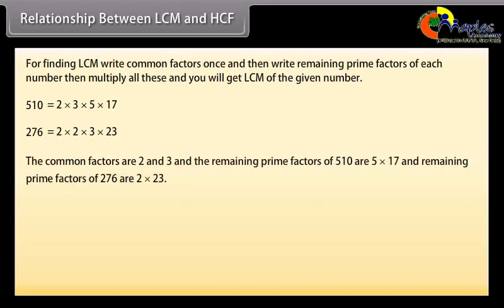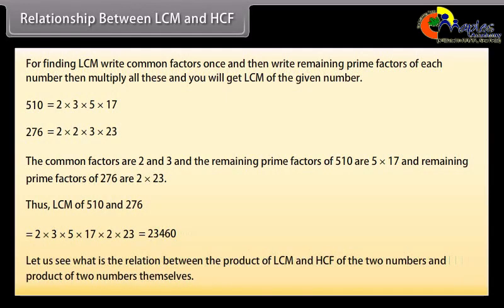The common factors are 2 and 3, and the remaining prime factors of 510 are 5 × 17 and the remaining prime factors of 276 are 2 × 23. Thus, the LCM of 510 and 276 is equal to 2 × 3 × 5 × 17 × 2 × 23 equals 23,460.